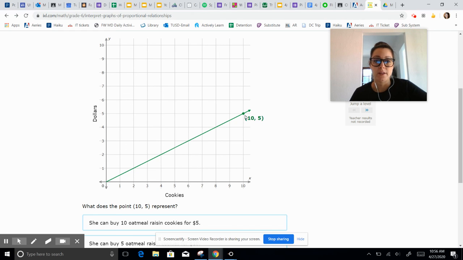You could divide by 10 and get that 1 cookie is 50 cents. So that's again looking at how this proportional relationship, meaning that things are growing at the same rate, relates to unit rate. And it's also important to understand how to read the graphs and see what they mean.